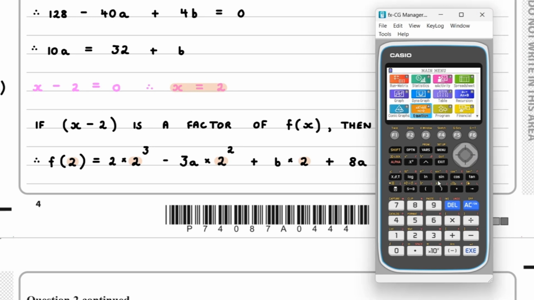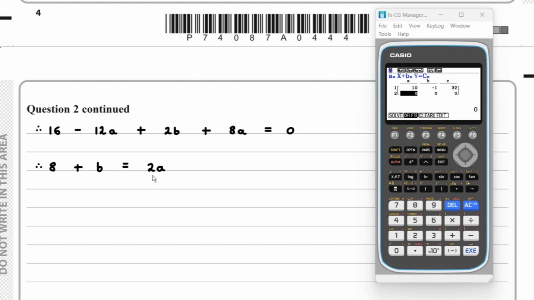If we go to the equation submenu using our calculator, we have a simultaneous equation with two unknowns. So we have 10a subtract 1b equals 32, and we have 2a subtract b equals 8.